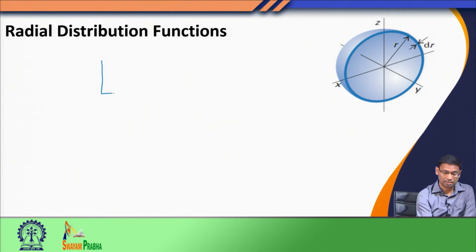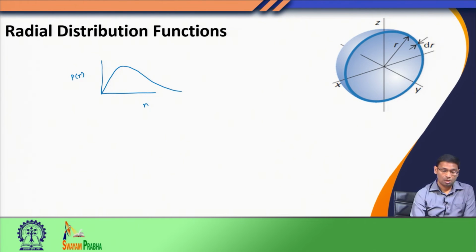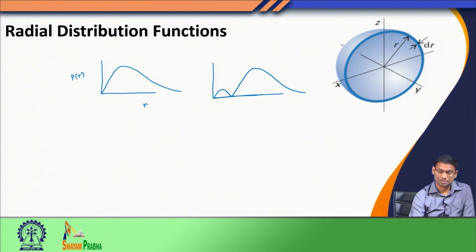So, we saw that in the case of the 1s orbital, the radial distribution function P of r looked like this. This was for 1s. When I do that for the 2s orbital, I would see something like this.